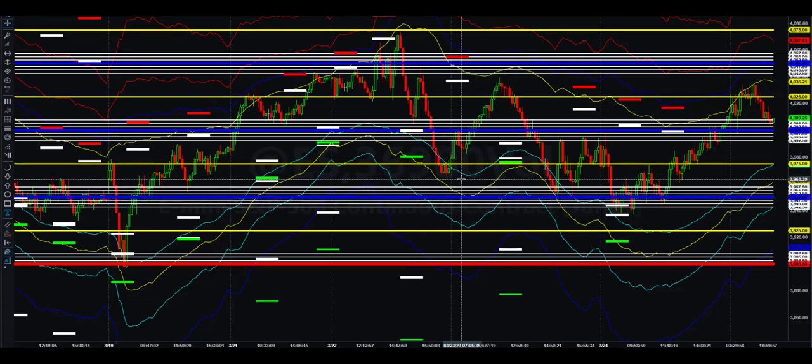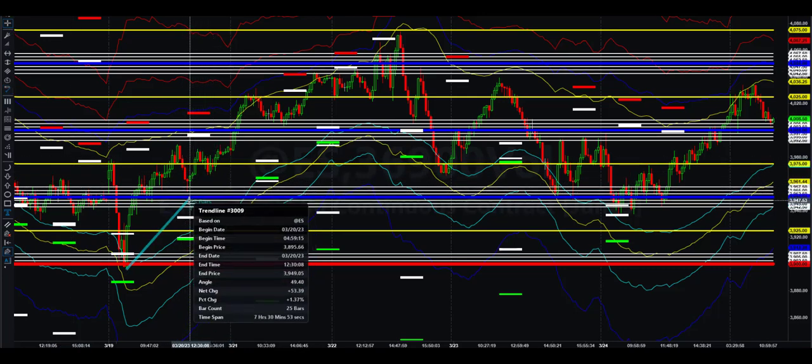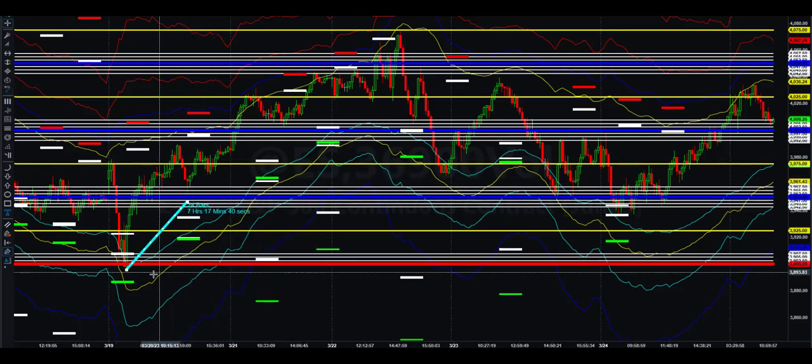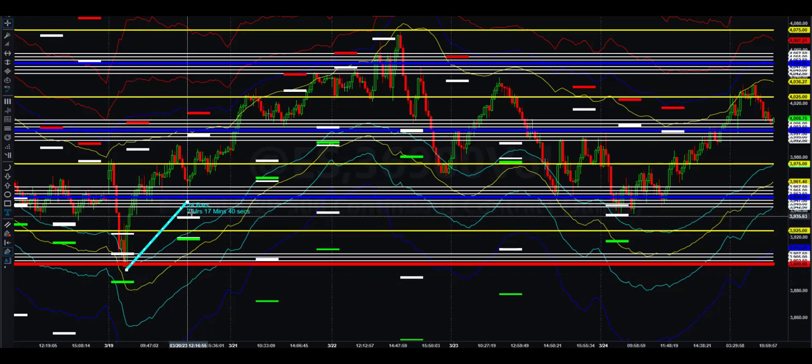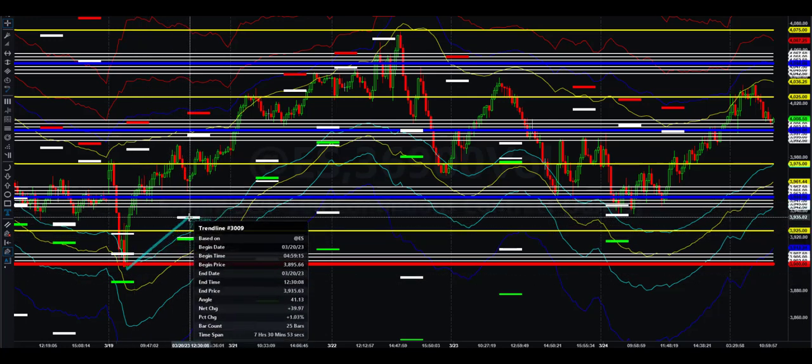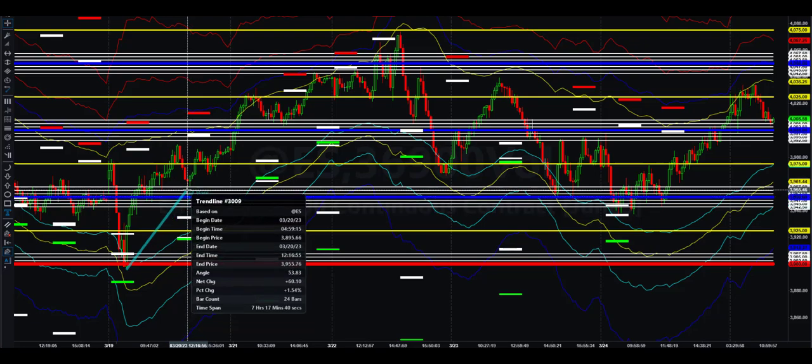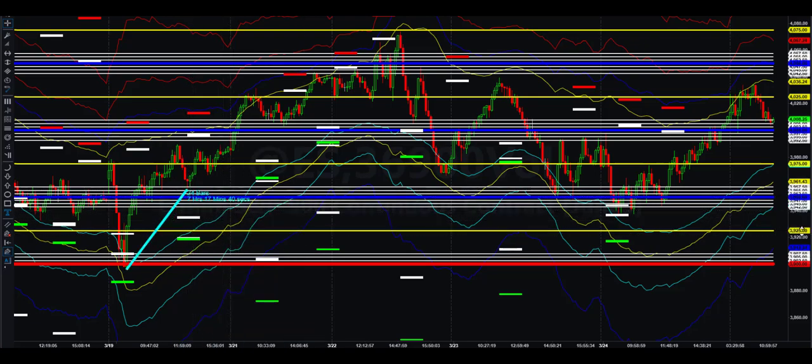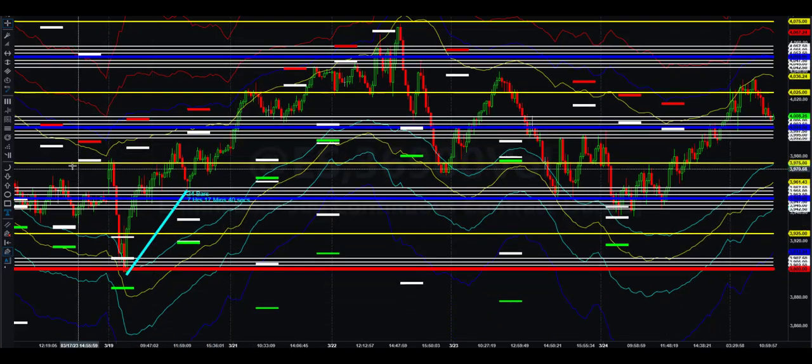Let's look from here quickly. We'll just do a few tests. I don't want to waste your time. 24, 48. So there you go. 24 bars. You can just see it on the pop-up, 24 bars. But there are too many lines here. 24 bars. Okay. Let's go to the next one.